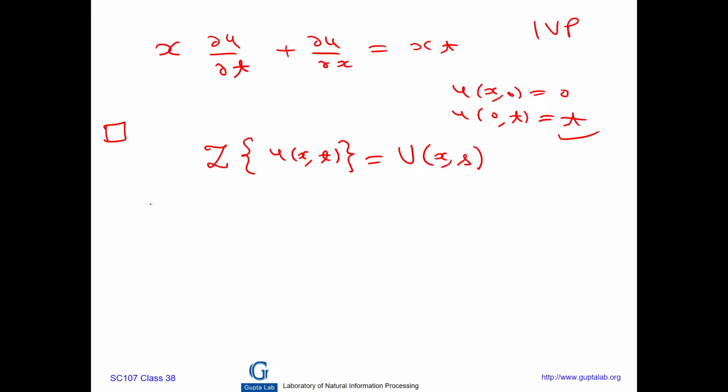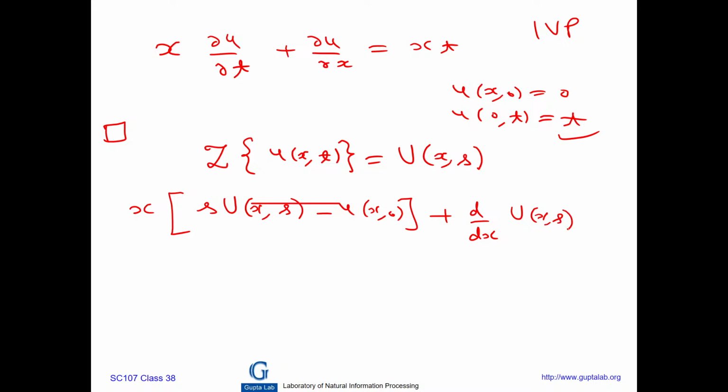So we get x times s of U of x,s minus u of x,0 plus d over dx of U of x,s is equal to x divided by s square. Okay, because we are doing with respect to t, sorry, so t becomes 1 over s square, right?